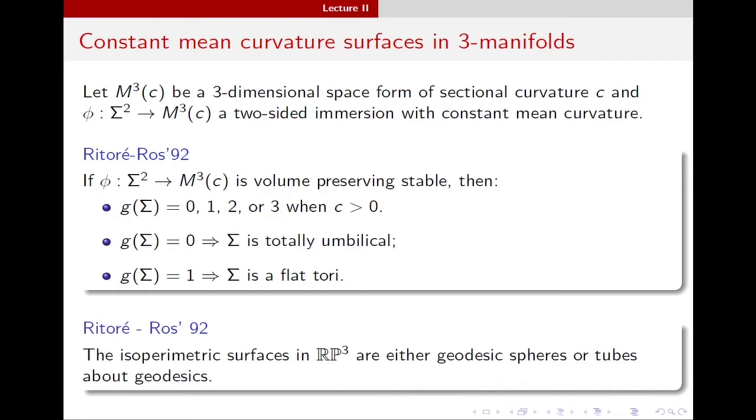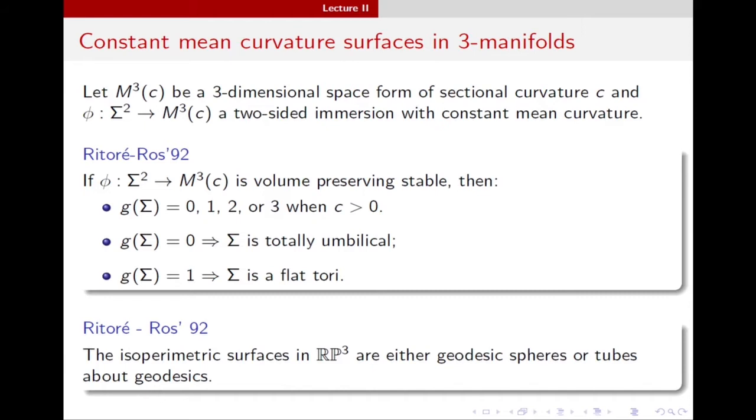Okay, and in this theorem, as you can see, the first part concerns a topological restriction on stable CMC surfaces when the sectional curvature is positive, so spherical space forms. In that case you have a topological restriction.